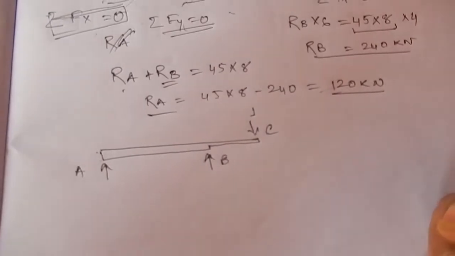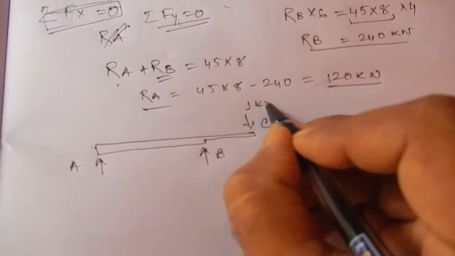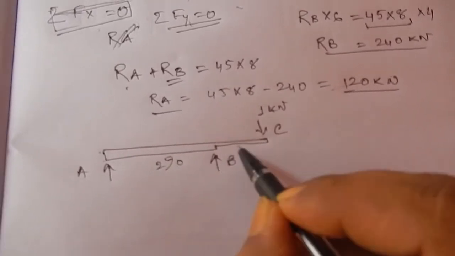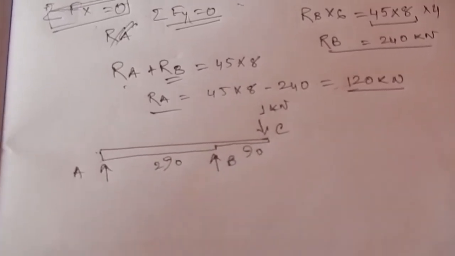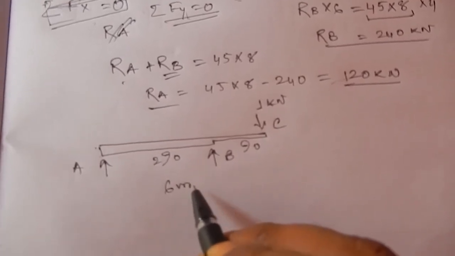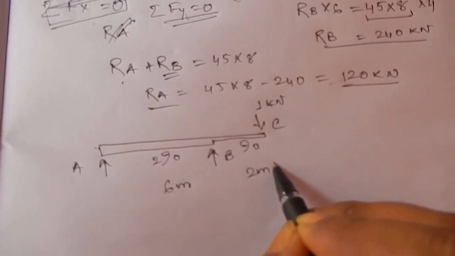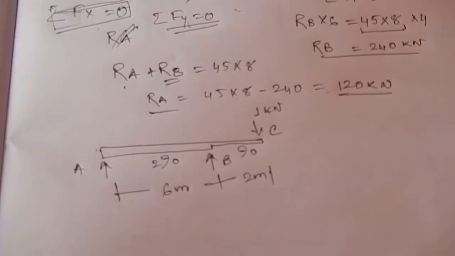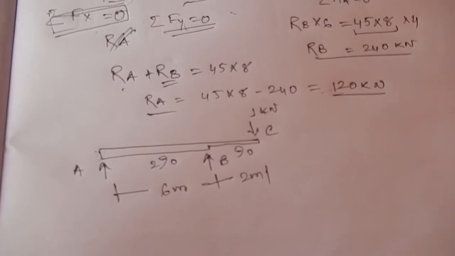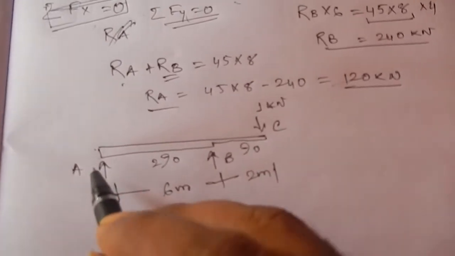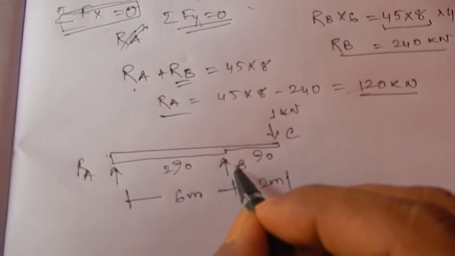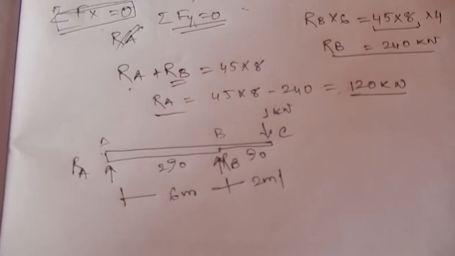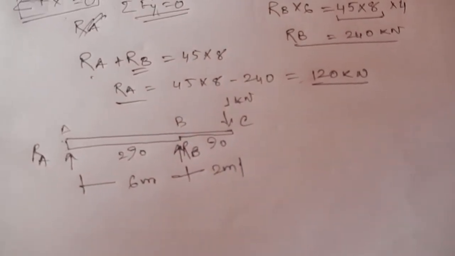This will be the unit load, 1 kilonewton, right? And obviously this is 2I, this is only I, this is 6 meter, this is 2 meter, right? Now what will be the value of RA and RB? In the same way we can find out.